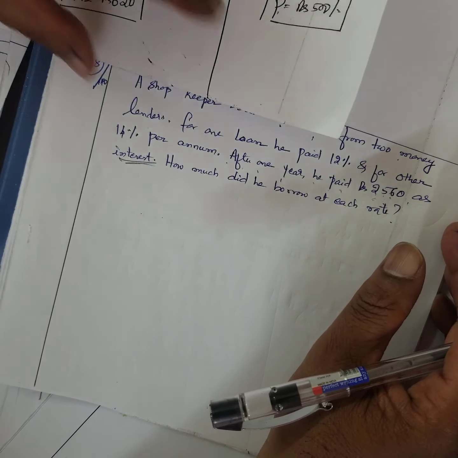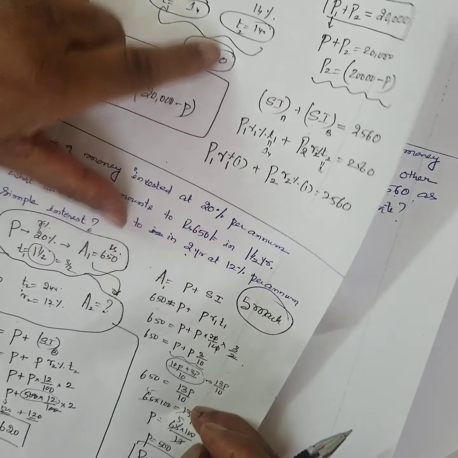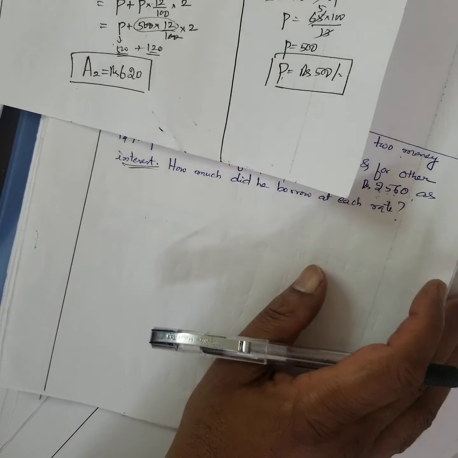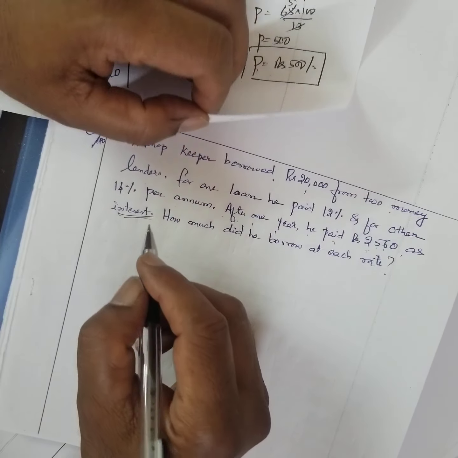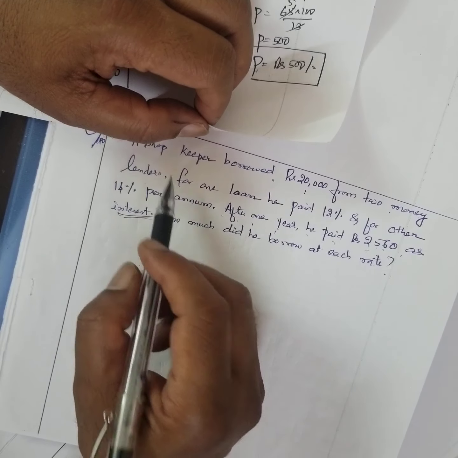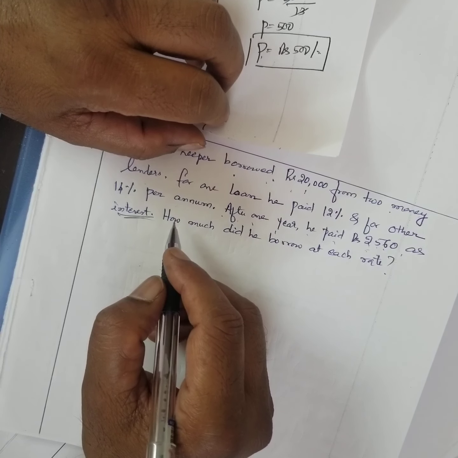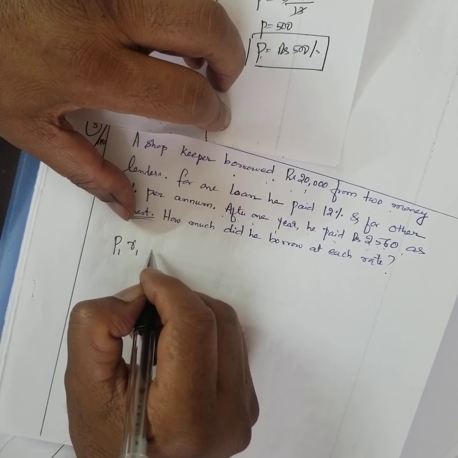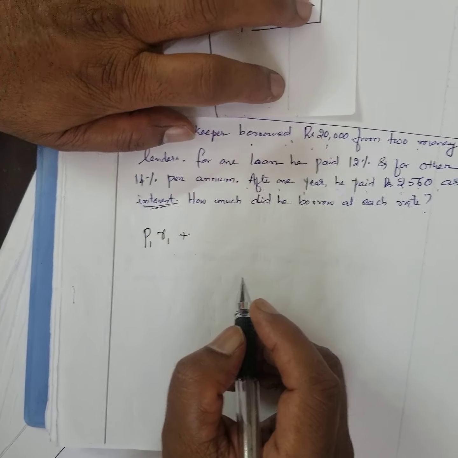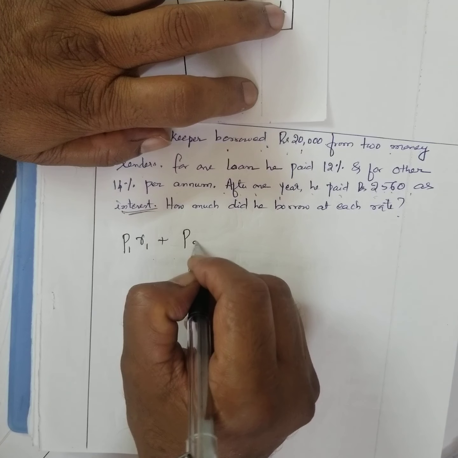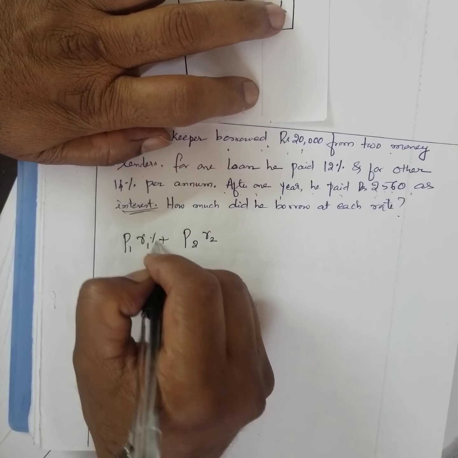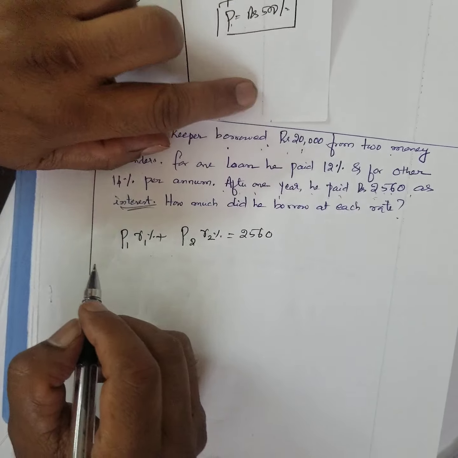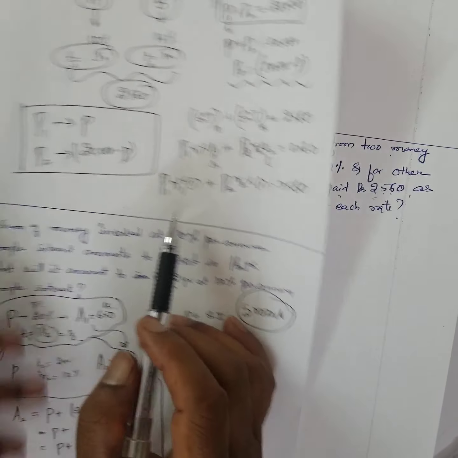Right? Now, how to start? See, this is an idea. For me, I got it. Therefore, let the shopkeeper borrow. See here, P1 R1 plus P2 R2, this percentage is equal to 2560. What is P1?